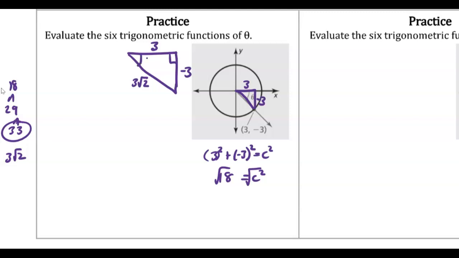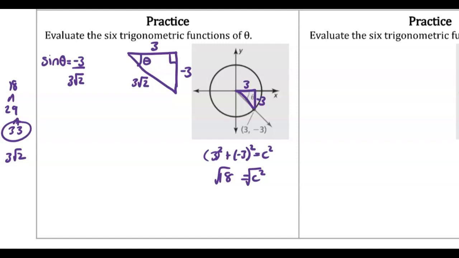Okay, this is where our angle is if you look at where it's drawn on the picture. So if I want to find the 6 trig functions, I'm going to do sine of theta equals opposite is -3 over hypotenuse is 3 square root 2. Now the hardest part about this is that you have to go ahead and simplify things.